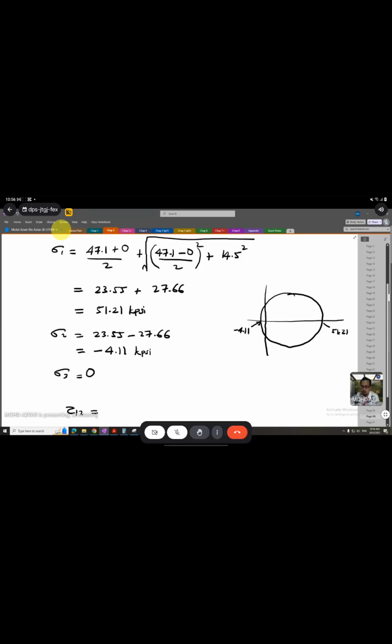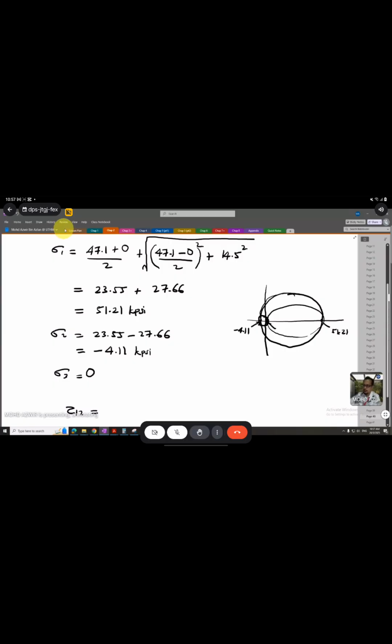Okay, this 51.21, negative 4.11, and another stress is 0 here. Sigma 3 is 0, which is here. So if you draw a Mohr circle, we can get three Mohr circles. Okay, the first one is here. Second one is here. The third one is the biggest one.